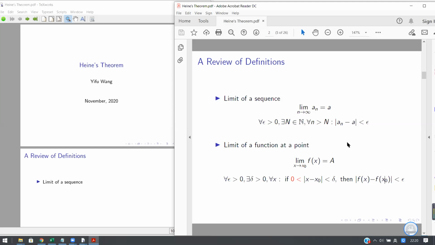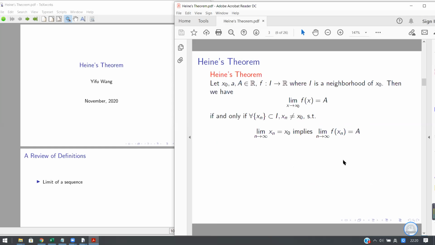Okay, so what does Heine's theorem say? Heine's theorem tells us the relation between the limit of a sequence and the limit of a function. Here it is. x0, small a, and large A are real numbers. f is a real function defined in the neighborhood of x0.